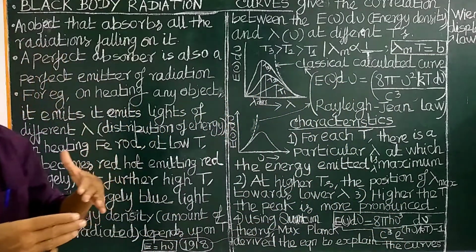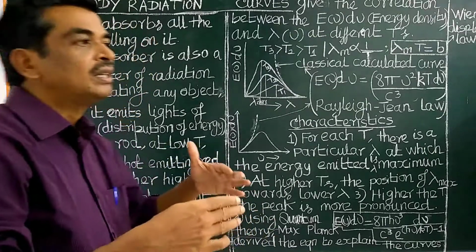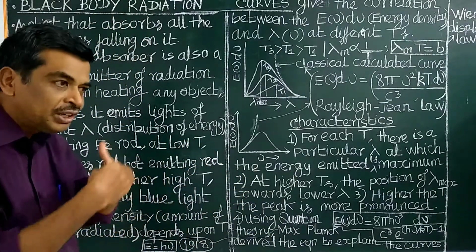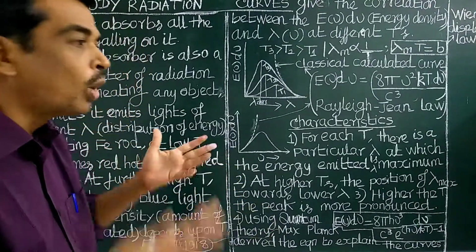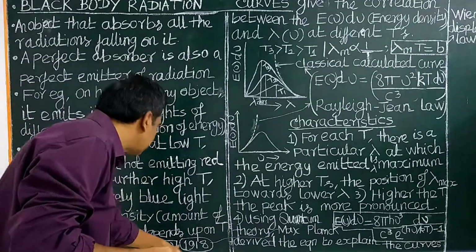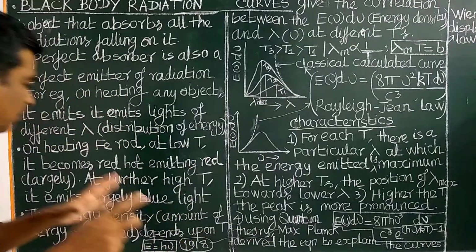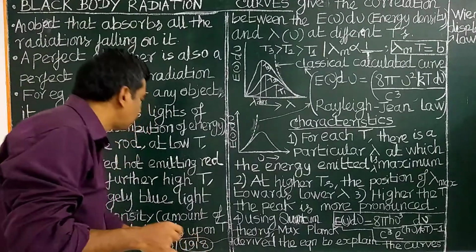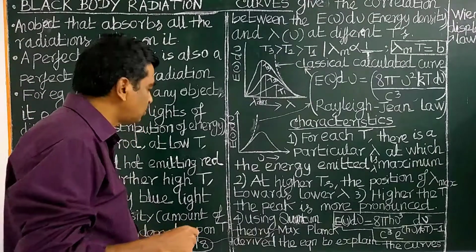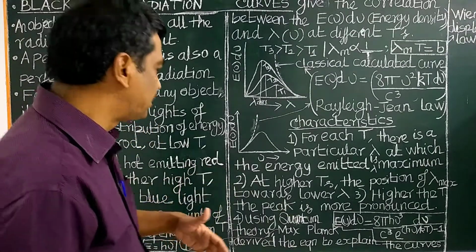The energies, when the body is heated, are emitted in discrete packets called quanta. E is equal to h nu, the energy of the quantum of light, where h is Planck's constant and nu is the frequency of the light emitted.